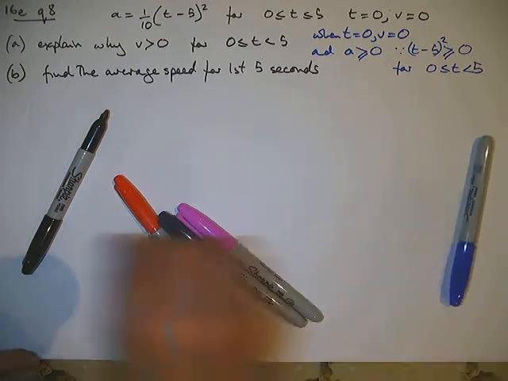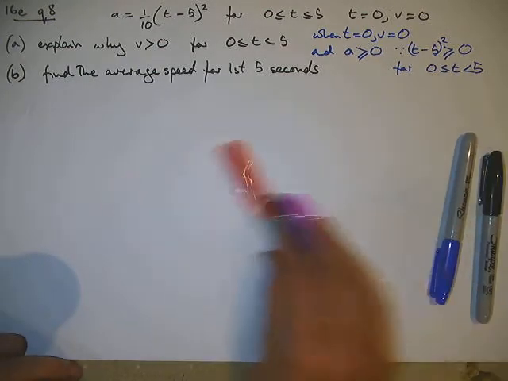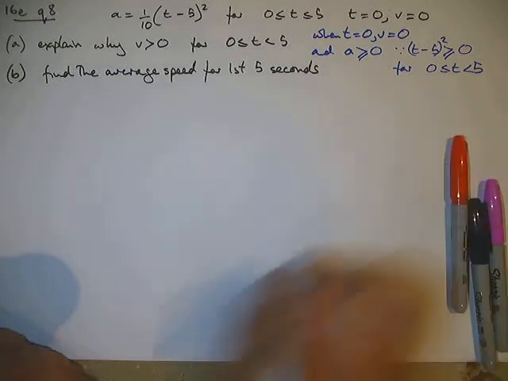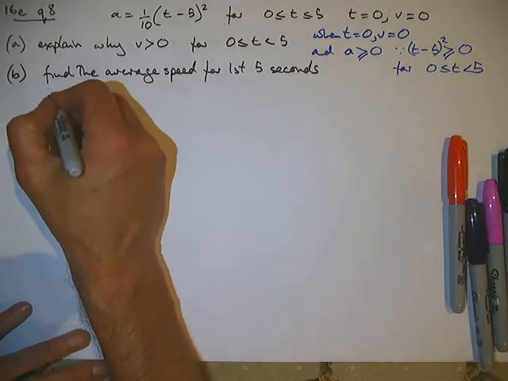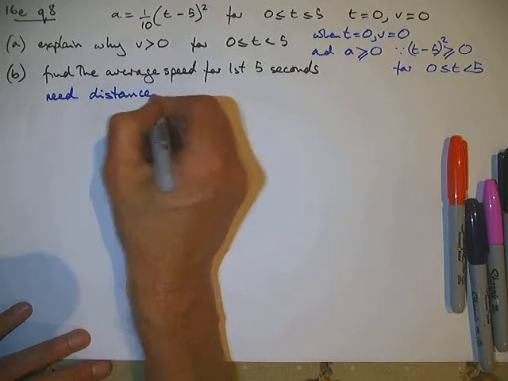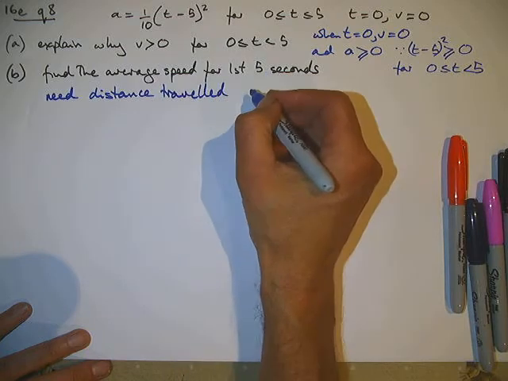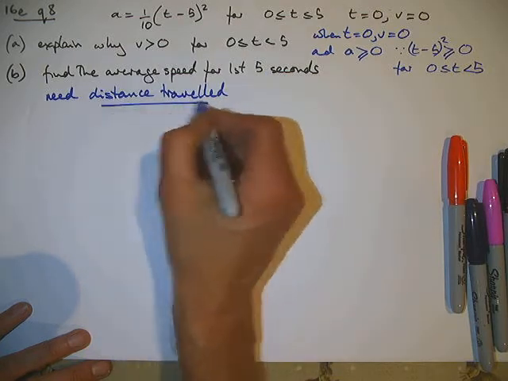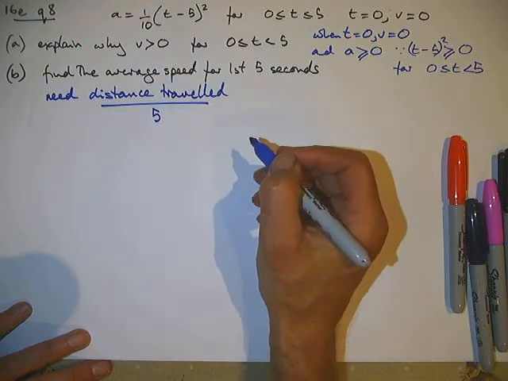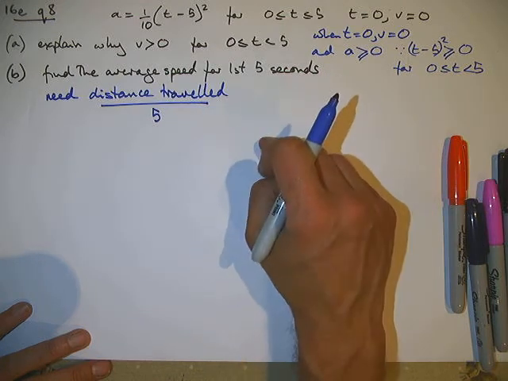Second question was, find the average speed for the first 5 seconds. To find the average speed, we need the distance travelled divided by 5. Now, we've currently got acceleration, so we need to find the velocity and then we need to find the displacement.